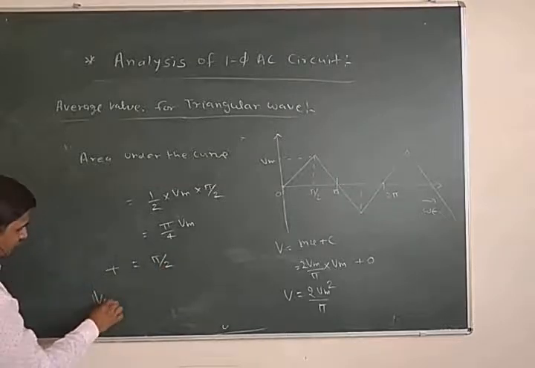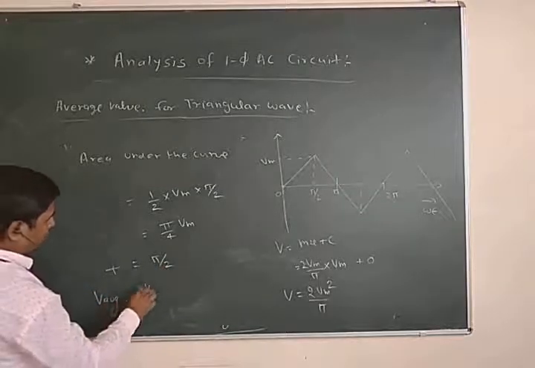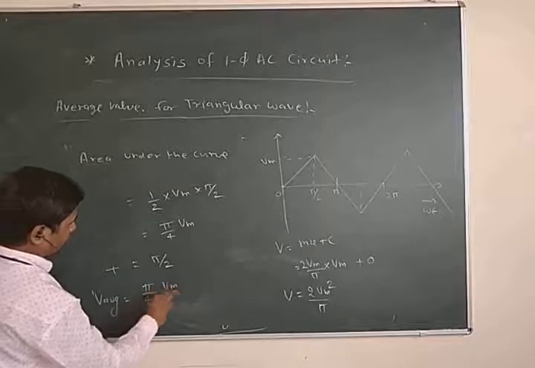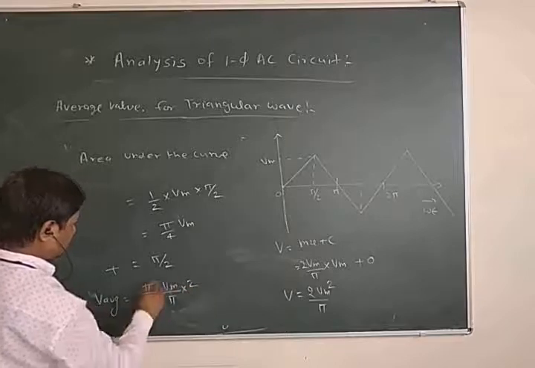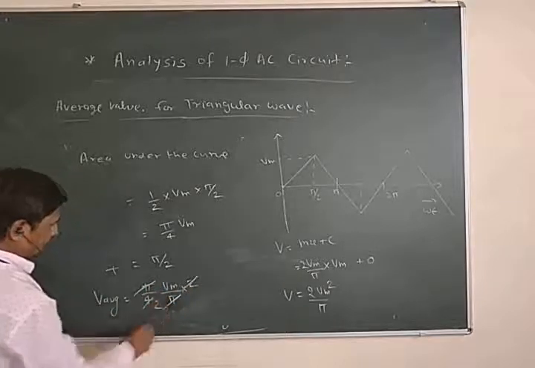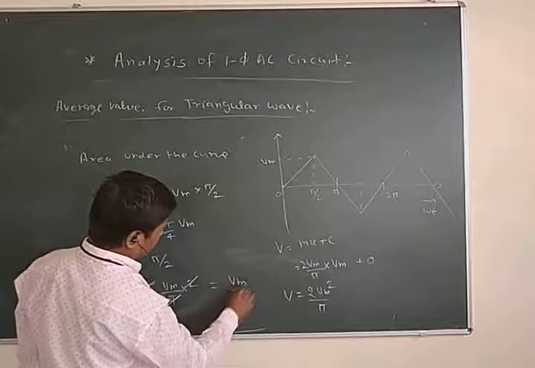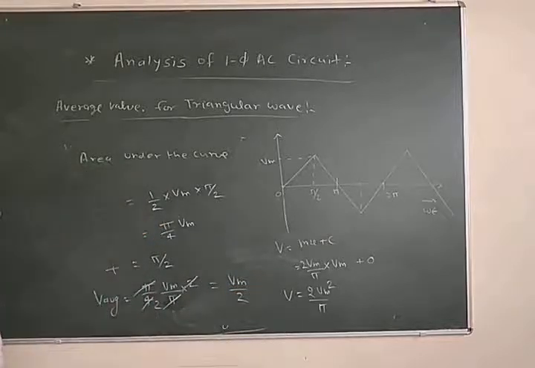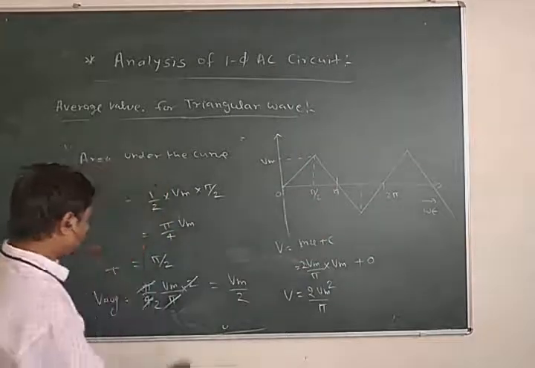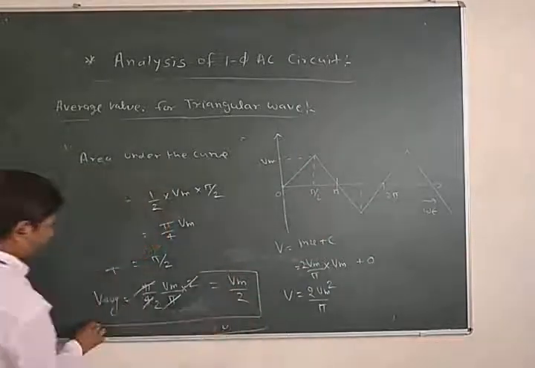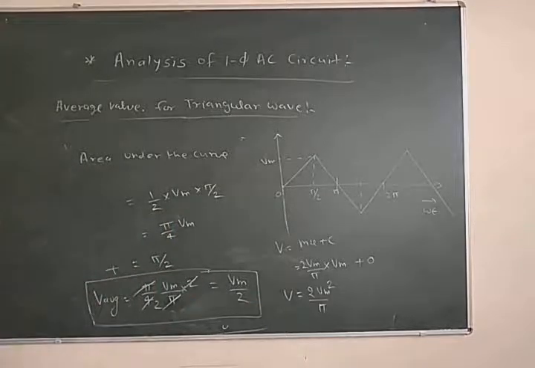So V average is equal to pi by 4 Vm divided by pi by 2. So pi and pi cancel. So the average value becomes Vm by 2. For the triangular function, the average value is equal to Vm by 2. In this way, we can find the average value for sinusoidal waveform, square wave, and triangular wave. So, thank you for today's class.